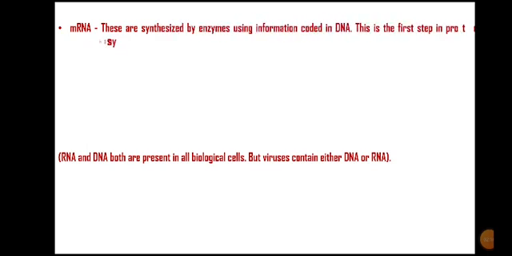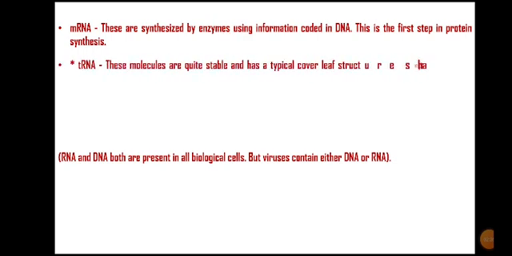Now we'll see the functions of both DNA and RNA. Briefly, mRNA. These are synthesized by enzymes using information code in DNA, and this is the first step in the protein synthesis.